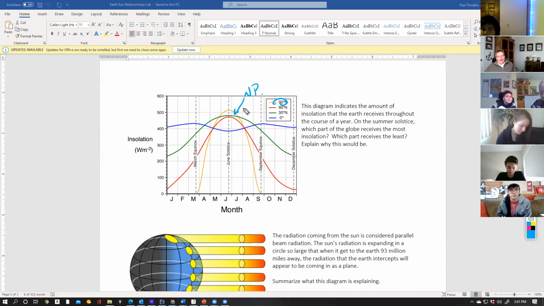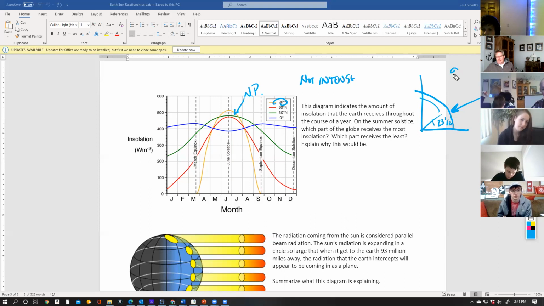Can you believe that? On the summer solstice, the North Pole has the most amount of radiation. Now, obviously, it's not very intense because on that day, this is 23.5 degrees off the zenith, it's going to be 90 minus 23.5 degrees, which is 66.5 degrees off the zenith.